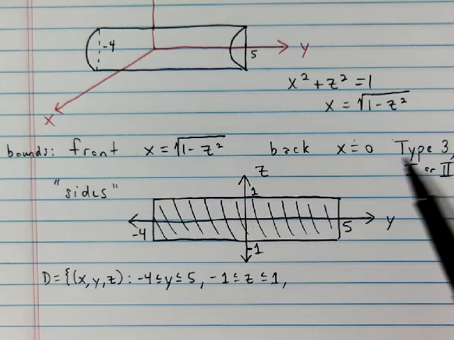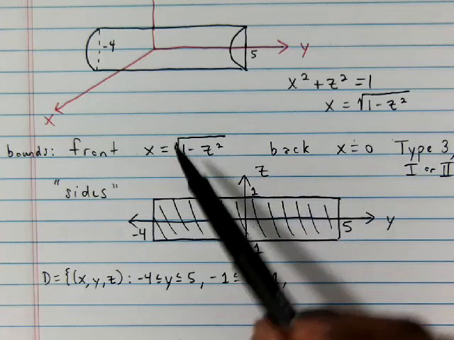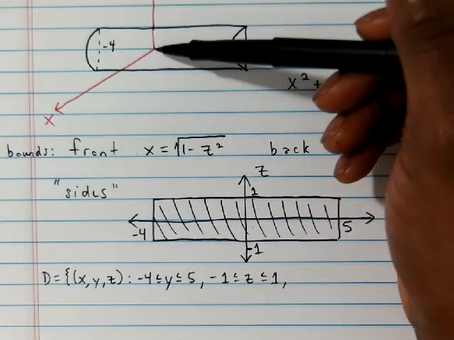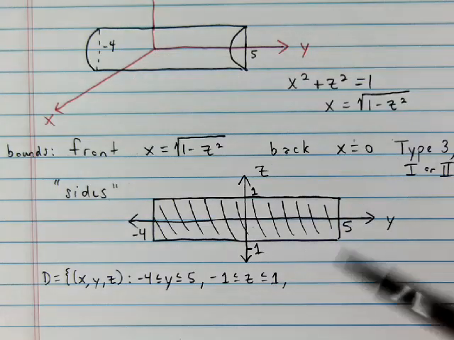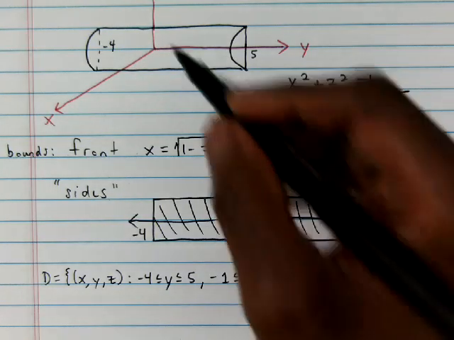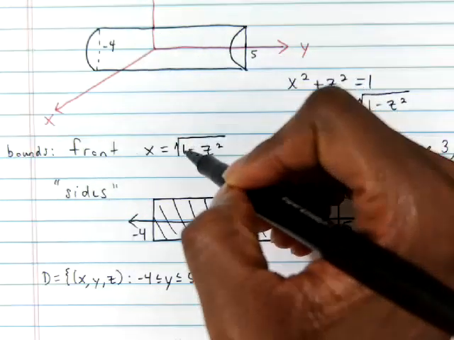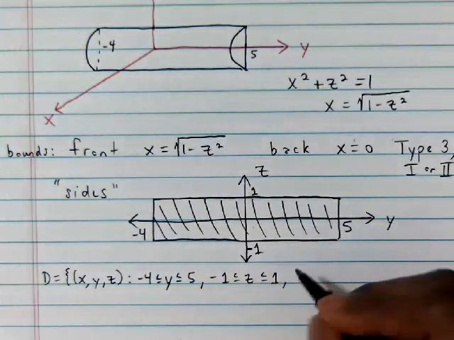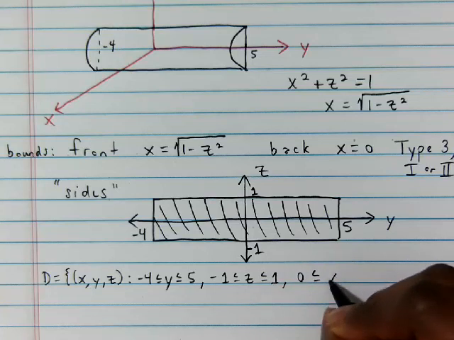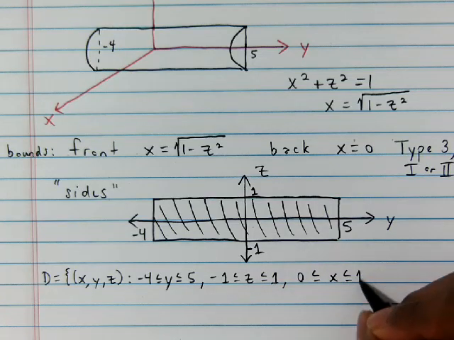So we're going to go from the smallest x value to the largest x value. The smaller x value is x equals 0. The larger x value is x equals the square root of 1 minus z squared. So x goes from 0 up to the square root of 1 minus z squared.